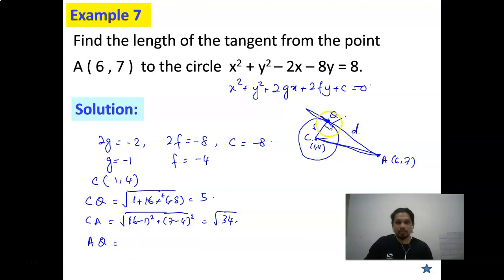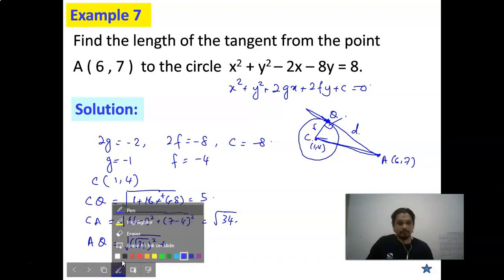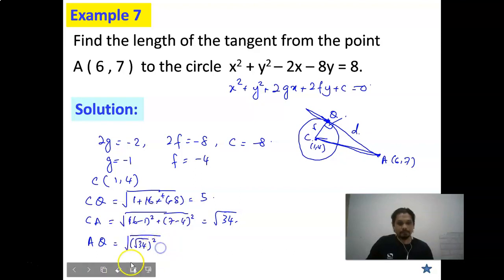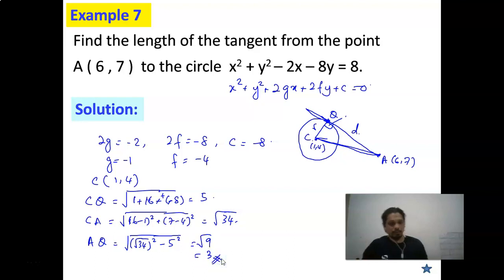D is the square root of 34 squared minus 5 squared, and this equals the square root of 9, which is equal to 3.